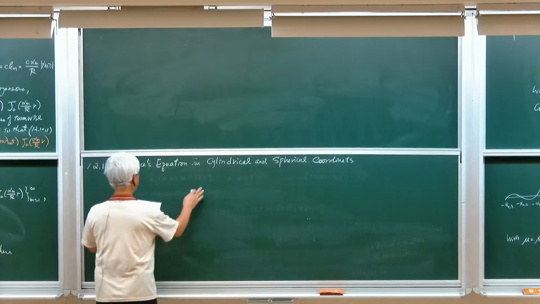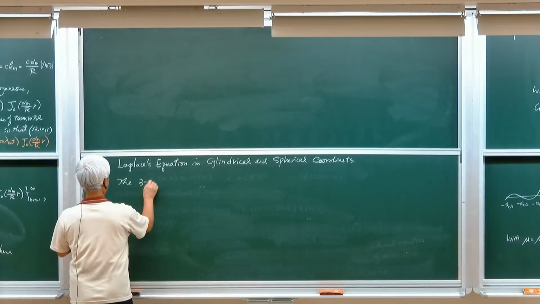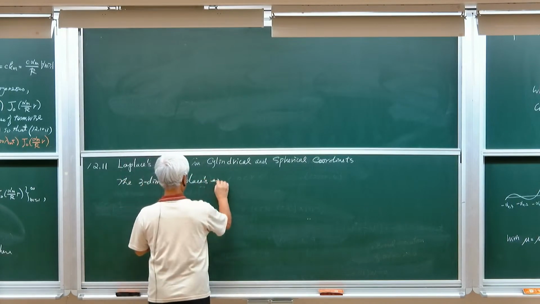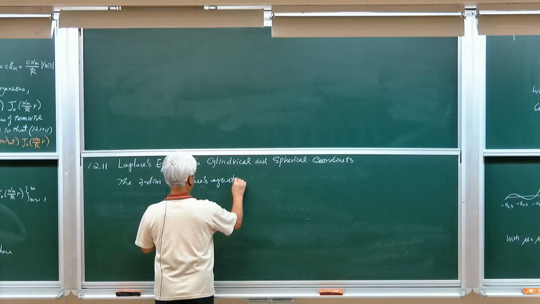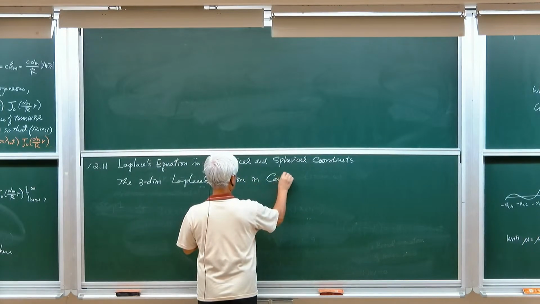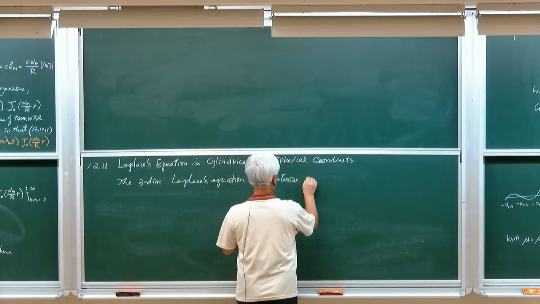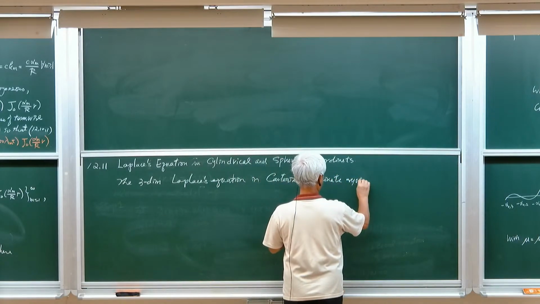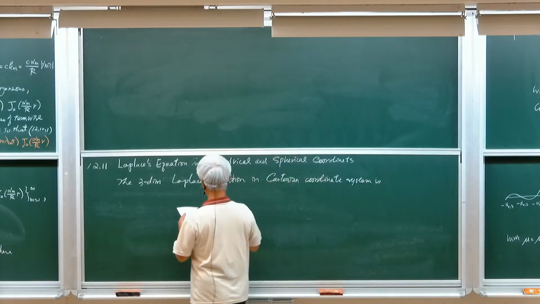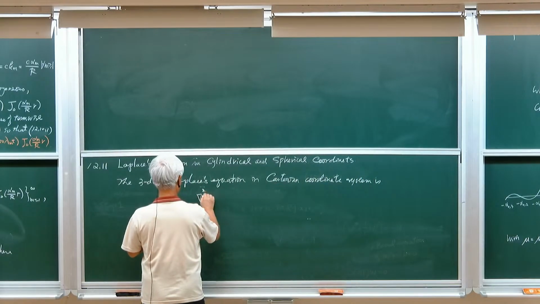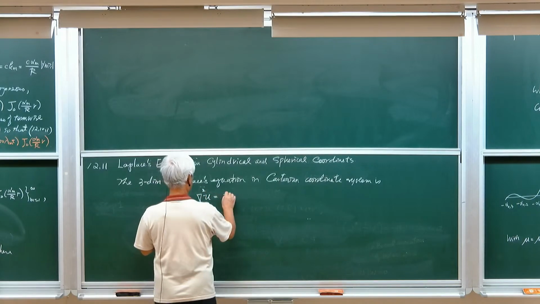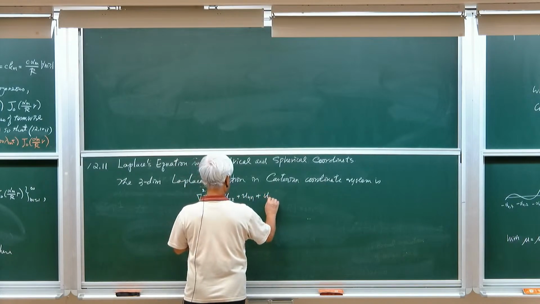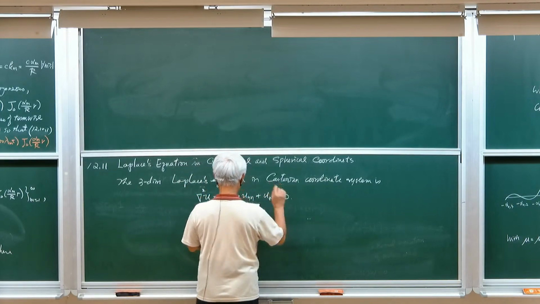Alright, so now the three-dimensional Laplace equation in the Cartesian coordinate system is here: u_xx plus u_yy plus u_zz equals 0.